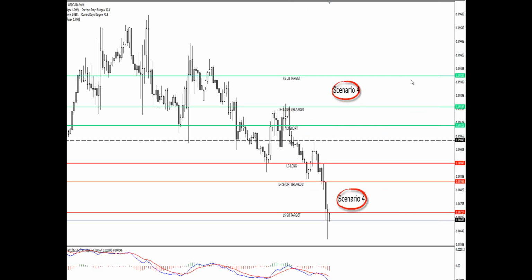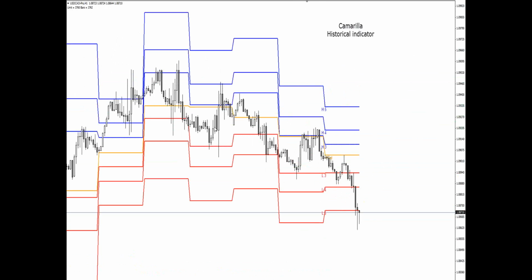Plot it on your system to see how the price will react each day to these levels. And you can also see that in history. This is a historical indicator, and I will send you that, no problem.